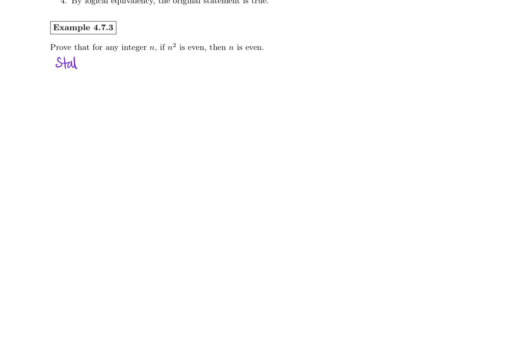So let's start with our statement, which says, for all n in the set of integers, if n squared is even, then n is even. And now we want to write our contrapositive. So we'll label that contrapositive. And remember, with our contrapositive form, our quantifier stays the same.